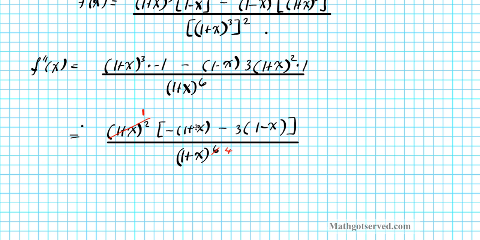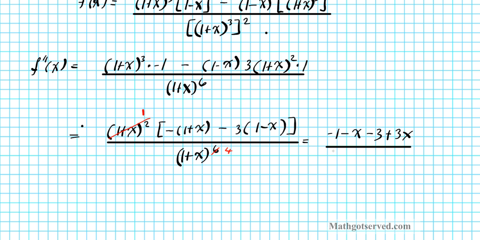And then we can distribute this negative 1 and then the negative 3 also. So we're going to have negative 1 minus x minus 3 minus 3x. Okay, this becomes plus 3x. All right, and then that divided by 1 plus x to the 4th.